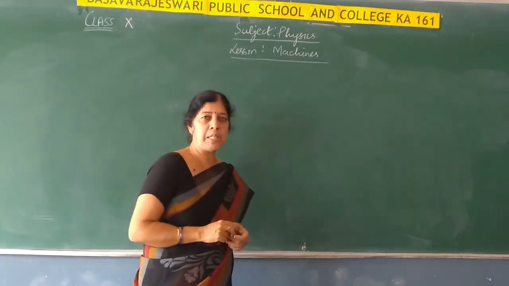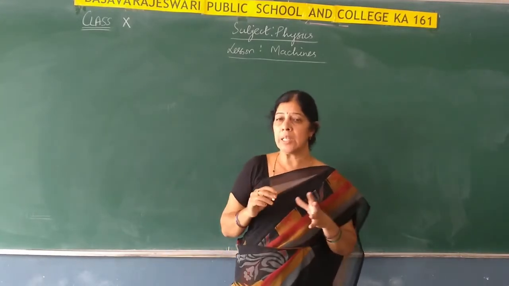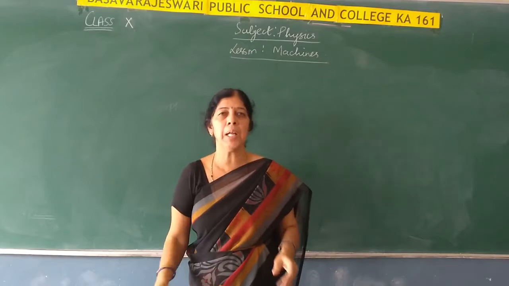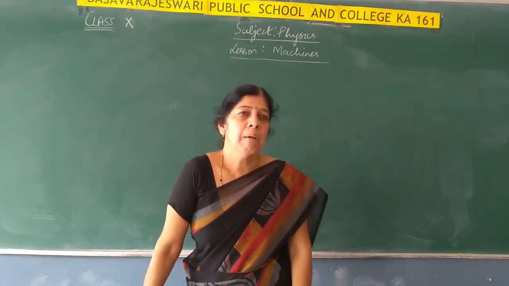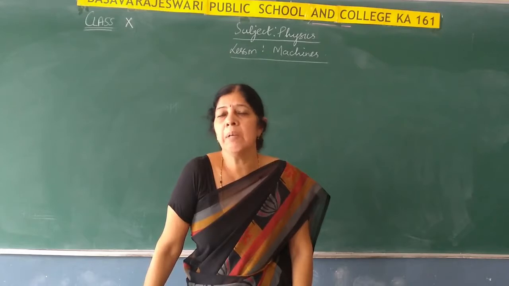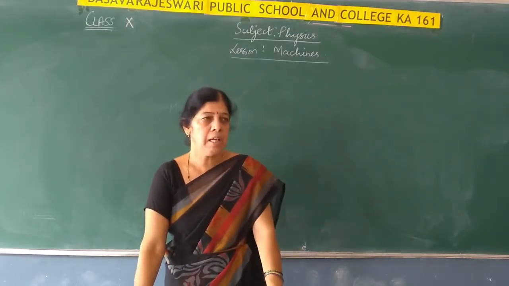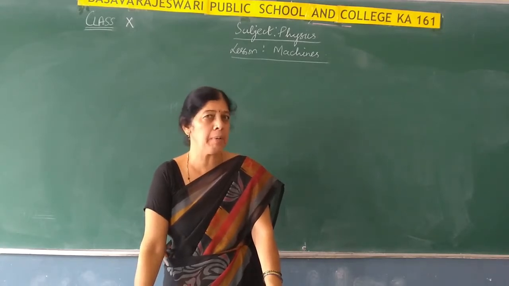So in my previous video, I told you about the general terms related to machines, is it not? We have started the machines chapter and we have learned some of the basic terms related to machines. Now, what is a machine? A machine is a device which is used as a force multiplier and as a speed multiplier.